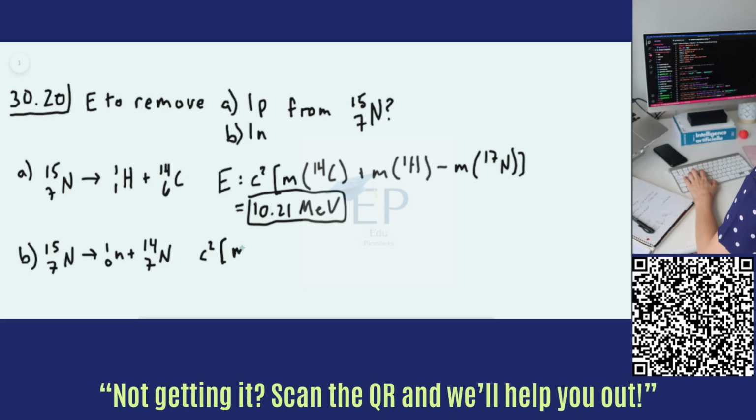And then it's the same sort of deal here, except now it's nitrogen-14. And this takes slightly more energy, 10.81 mega electron volts.